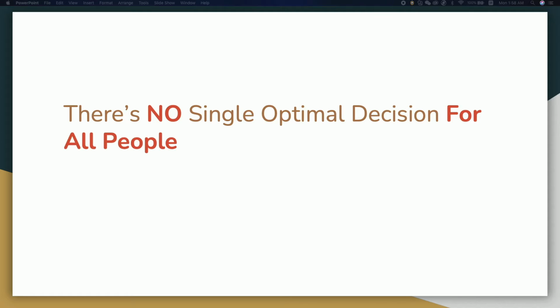For instance, the chance of death during the surgery would be much less for a 40-year-old in good physical condition with no other medical problems than for an 80-year-old with a severe deterioration of the heart muscle, even with an experienced surgeon. Therefore, an individual's perception of the value of outcomes and the desire for safety are important determinants in the decision, since there is no single optimal decision for all people.